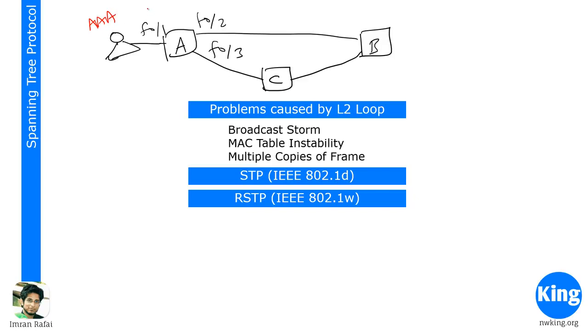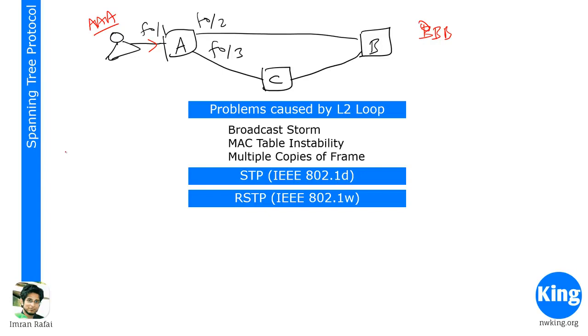Like some AAA something. Whenever a frame comes in on F0/1, switch A says the source MAC address is this, and it is destined to go to, let's say, the other user here, who has a MAC address of BBB. So the source MAC address is AAA, sending to destination MAC address of BBB.